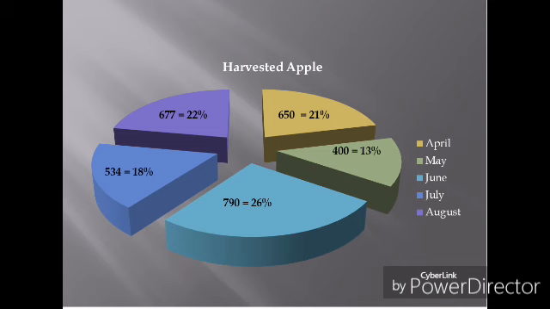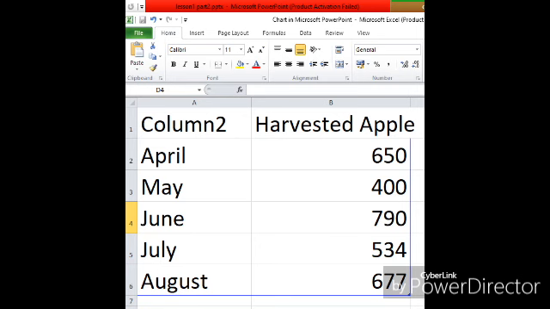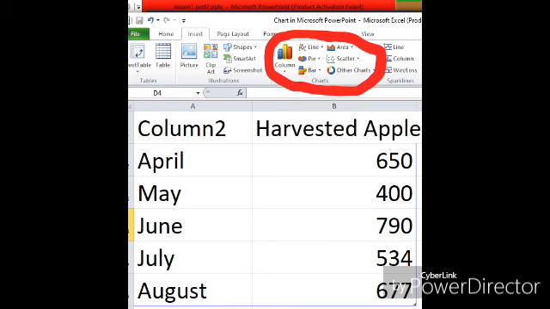And now, let me show a way on how to make a graph by using Microsoft Excel. Let's use our data on our pie graph. Example, 650 apples in April, 400 in May, 790 in June, 534 in July, and 677 in August. Then, we must highlight all the data, then click the Insert menu and click the Graph menu.